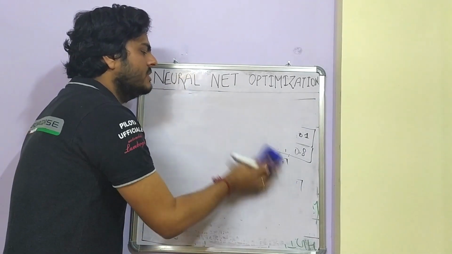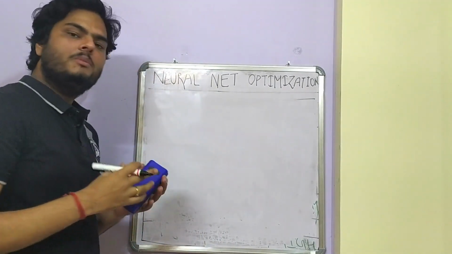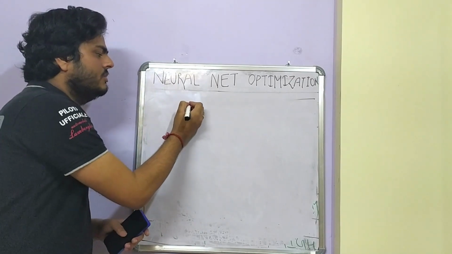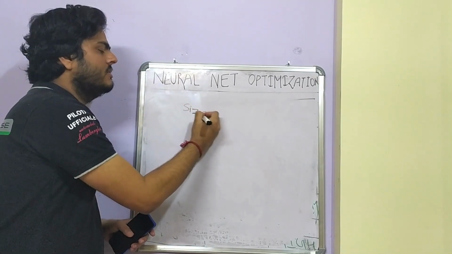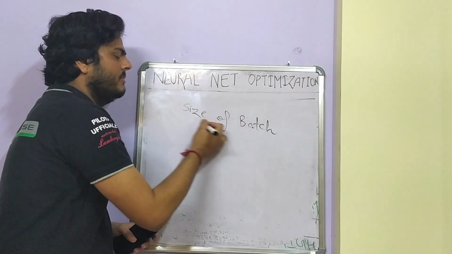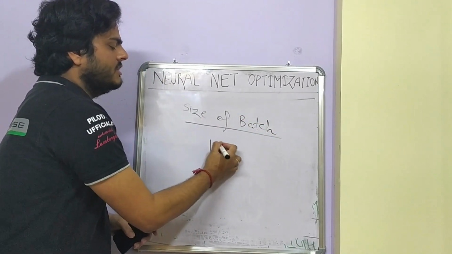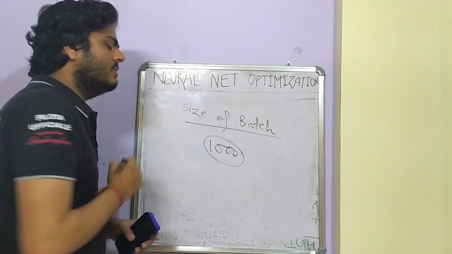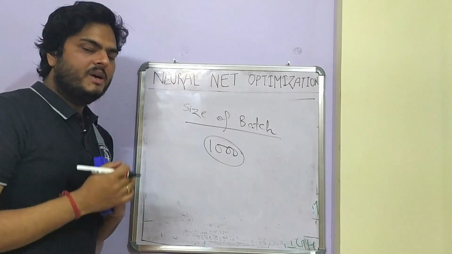Now if you talk about the size of your batch in mini batch stochastic gradient, what should be the size of the batch? What is the meaning of batch size? Let us say you have 1000 records in the data. How many records do you want in each of these batches?